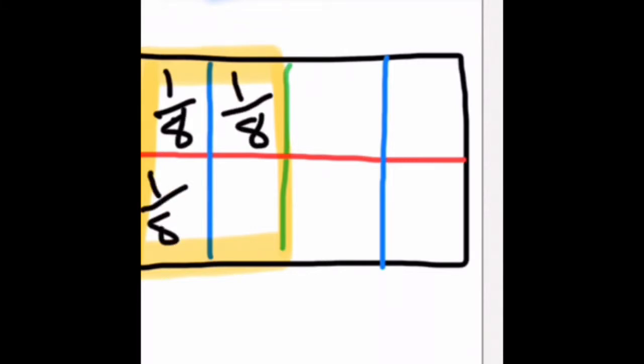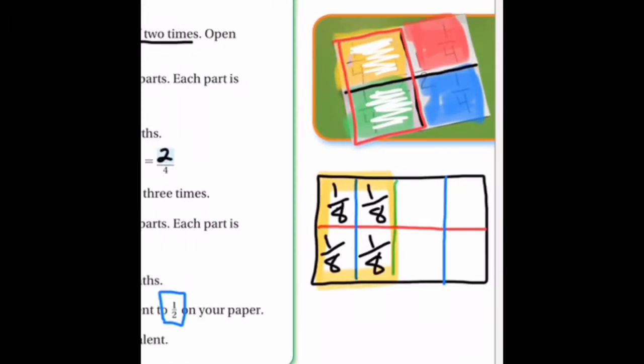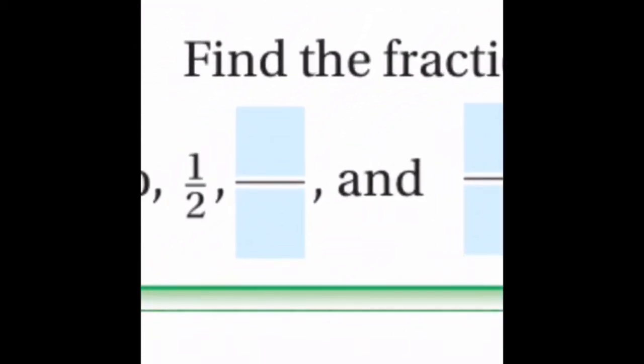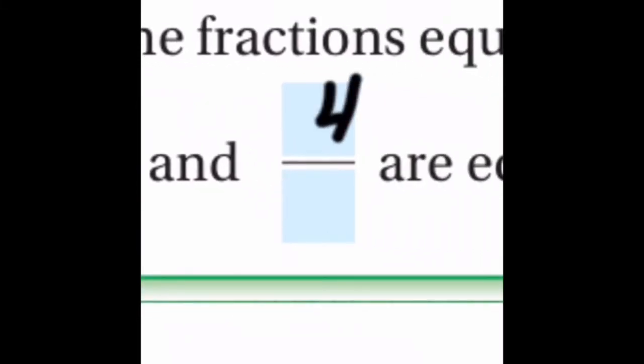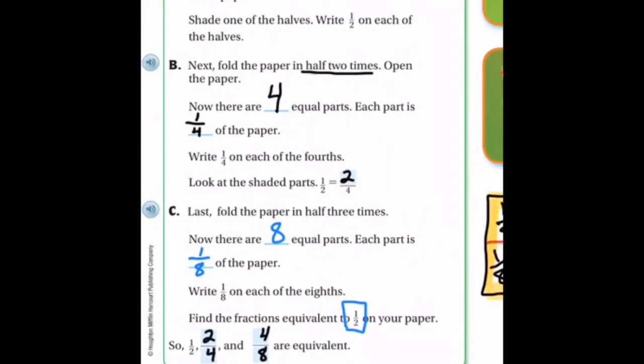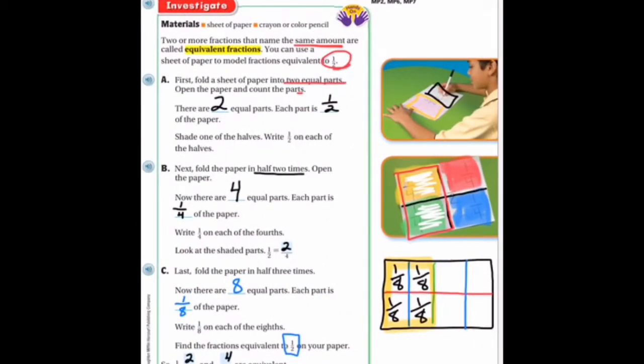Here's an 1/8. And here's an 1/8. How many eighths? We have 4 of them are equal to that 1/2. So 1/2, 2/4, and 4/8 are equivalent. They all kind of equal the same amount.